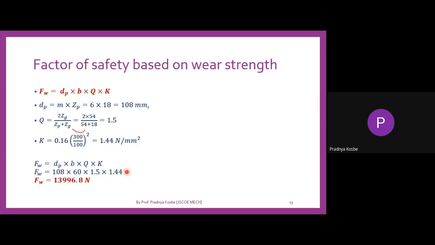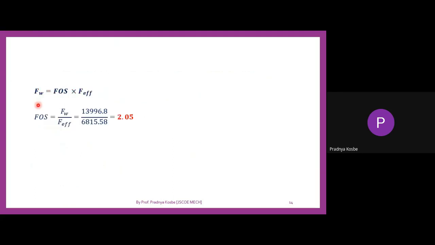Fw is equal to dp b Q K, and after putting all these values, you will get the answer Fw is 13,996.8 Newton. And lastly, Fw is equal to factor of safety into F effective. And so factor of safety is equal to Fw by F effective, and you will get the answer 2.05.